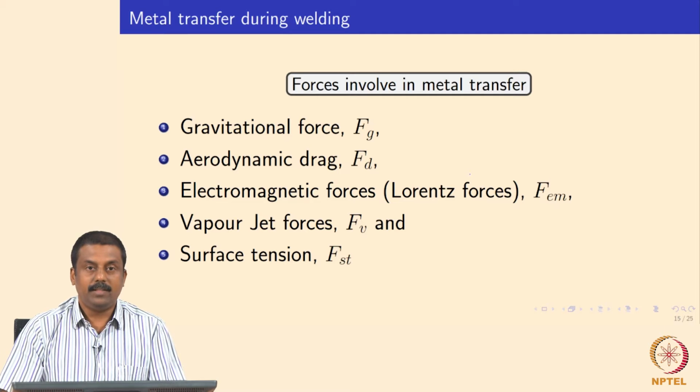And then the third one is the Lorentz forces, which is actually determined by the converging and diverging of the electrons and ions and the basic particles in an electric circuit. The Lorentz force also always aids the droplet detachment. And then the 2 forces that oppose the droplet detachment are the vapor jet forces.